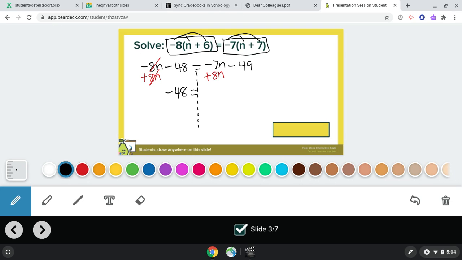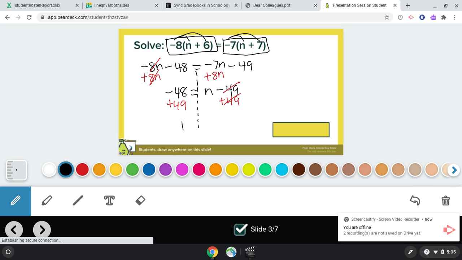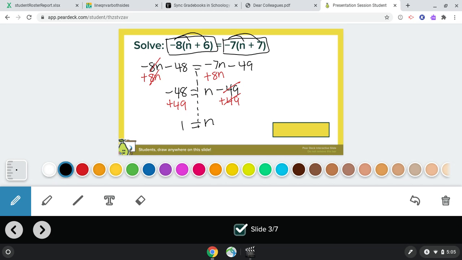And on the right-hand side, 8 minus 7 is 1n, or just n, minus 49. Now all I have to do is add 49 to both sides. And I get positive 1 over here and n over here. So n equals 1.